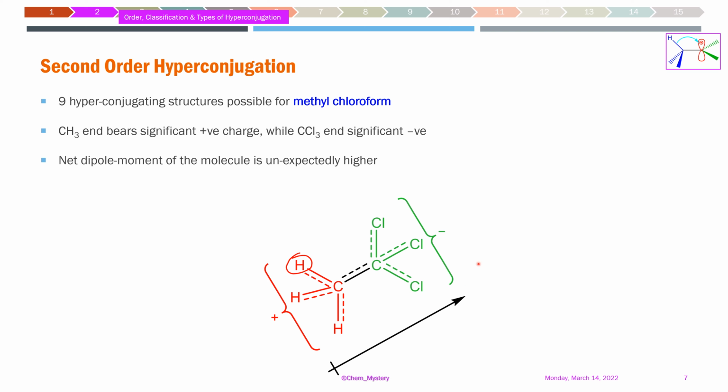If we do the vector addition of all those vectors, this value cannot be justified. We have to take this kind of second order hyperconjugation into consideration, and only then can we explain what we call the unexpectedly higher value of the dipole moment. Okay, I hope you are getting it, that is how hyperconjugation modifies the property.